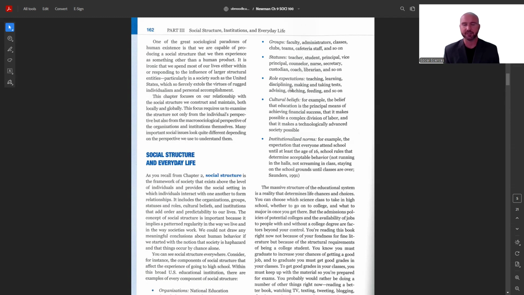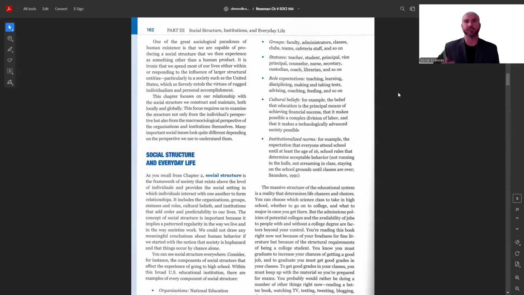But cultural beliefs tend to follow institutionalized norms. So the norm of going to school, the norm of sitting in a classroom and taking notes, maybe asking questions or something along those lines. So this is a way that we can break down, for example, the experience of being a student, of being a teacher into its social structural components.